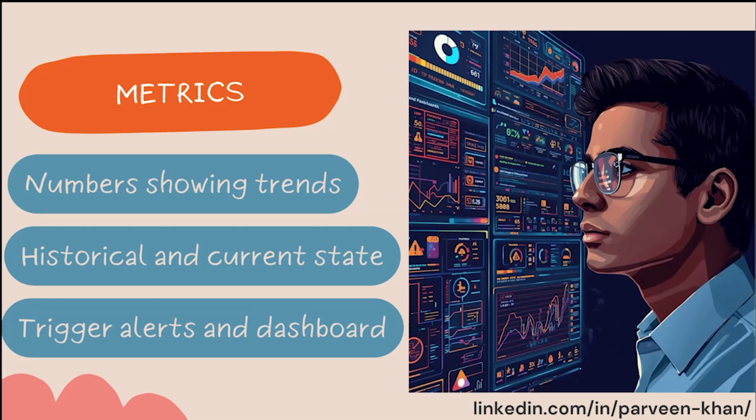Then you can combine all these metrics, all this data, trigger alerts, and create dashboards out of it. It's up to you how you make use of this data once you have access to it. And when we combine metrics with logs, we can build dashboards and alerts to monitor the system.